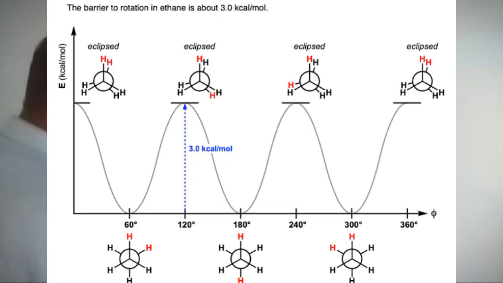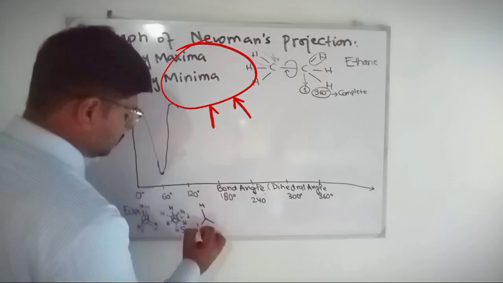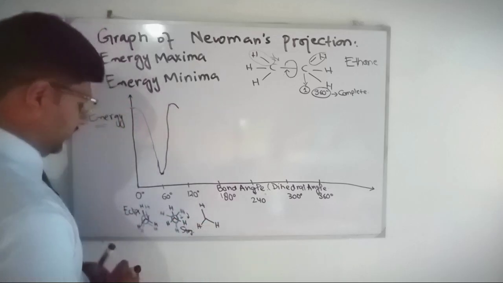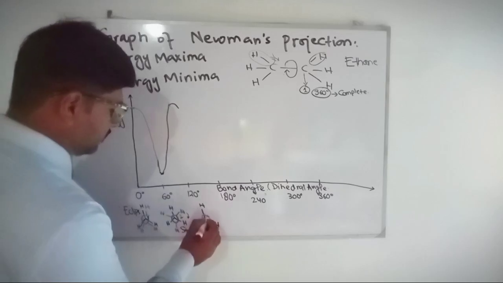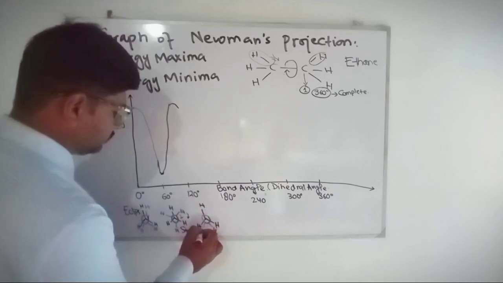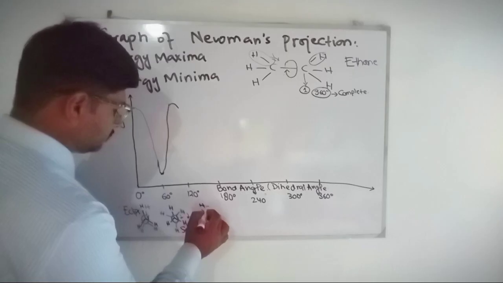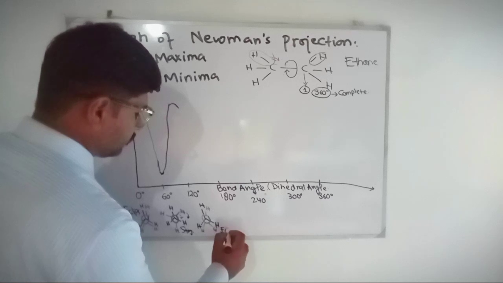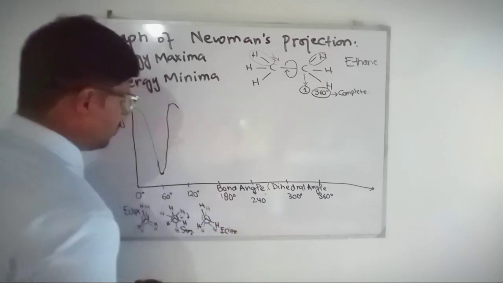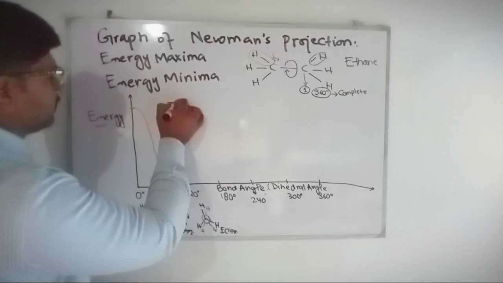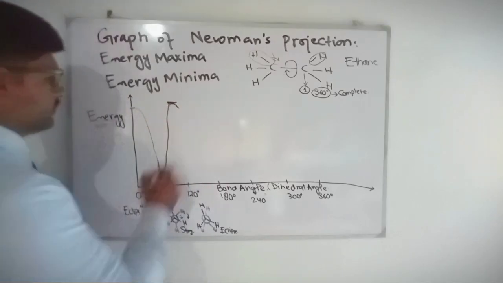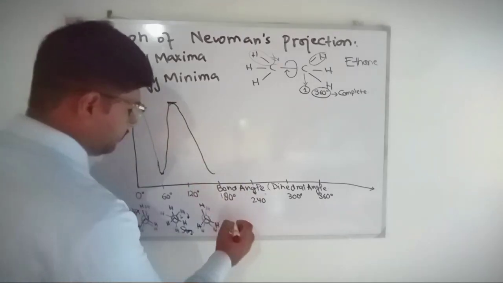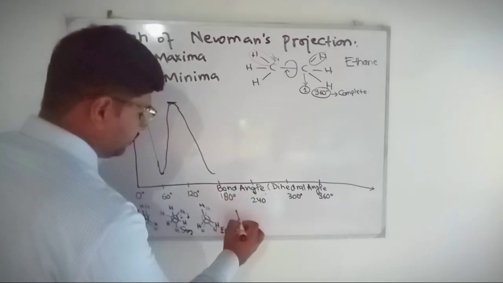So the conformation we will get will be like this, and these hydrogens will be parallel to this one. So again the state will be eclipsed. So at the eclipsed conformation, the molecule is again at a higher energy state, and we will draw another rotation of 60 degrees, and we will again get this.